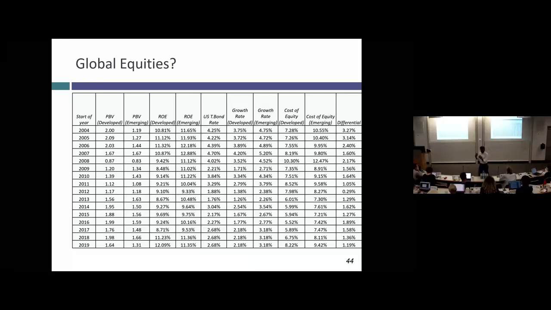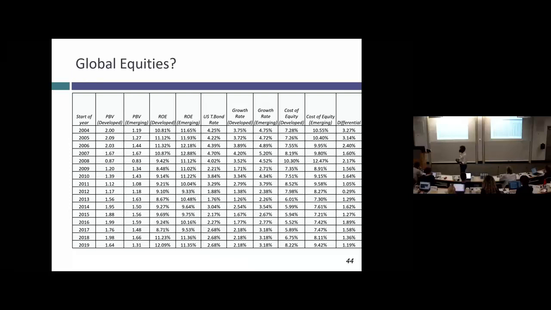I do what I did for the S&P 500 for the developed market equities, and I come up with an IRR for developed market equities, and then I do the same thing for emerging market equities. So think of this as the expected return that investors collectively in these companies are demanding. In 2004, the cost of equity I got for developed market companies was 7.28%.